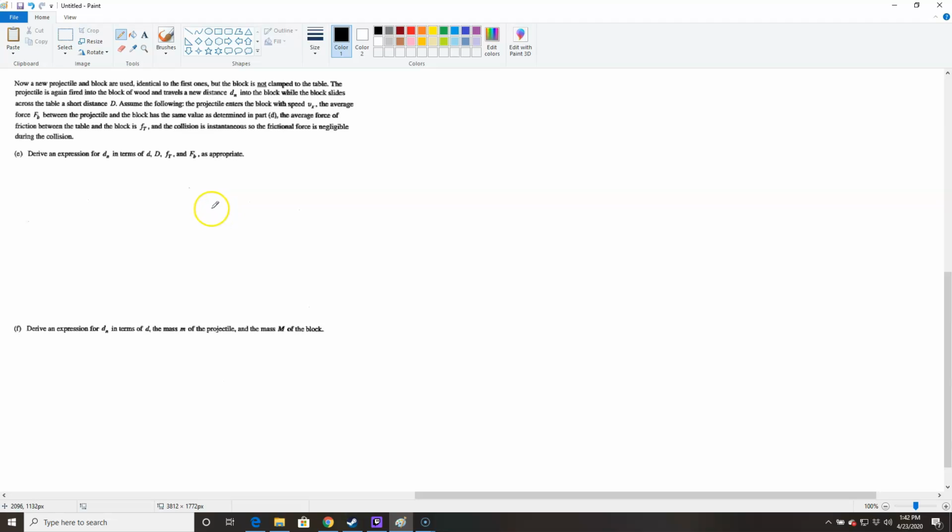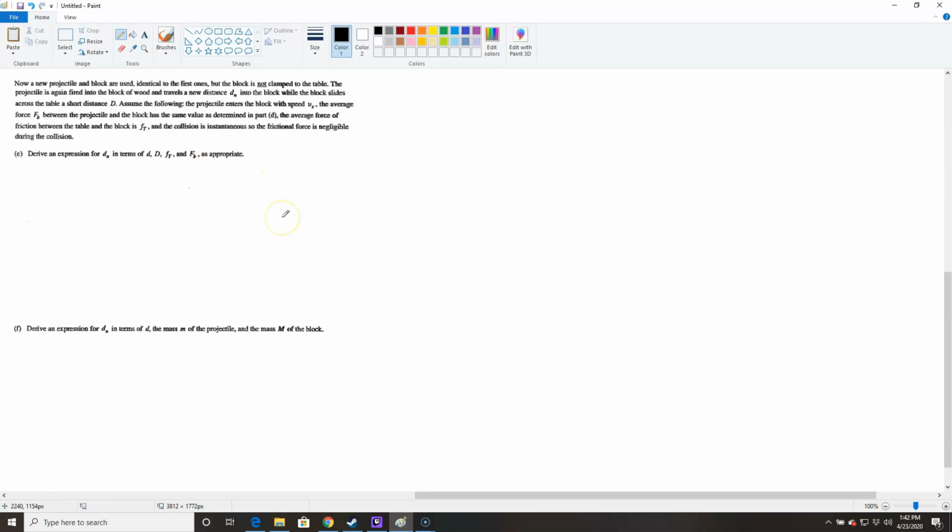Okay, we want to derive an expression for dn, that is the distance the projectile fired into the block travels. And we want to find an expression for dn in terms of d, big D, ft, and f sub b.